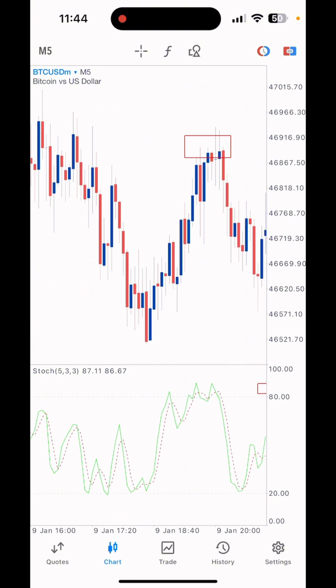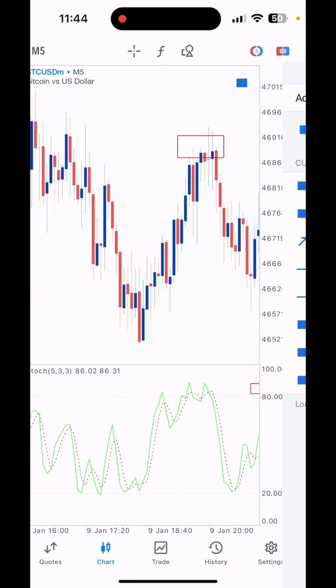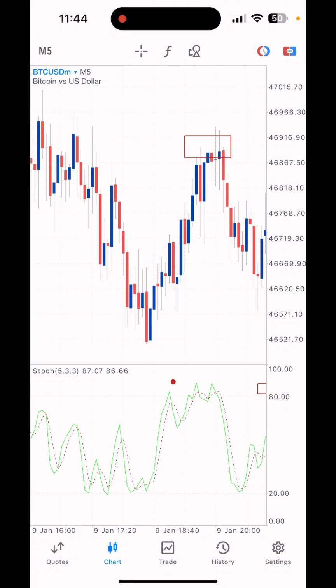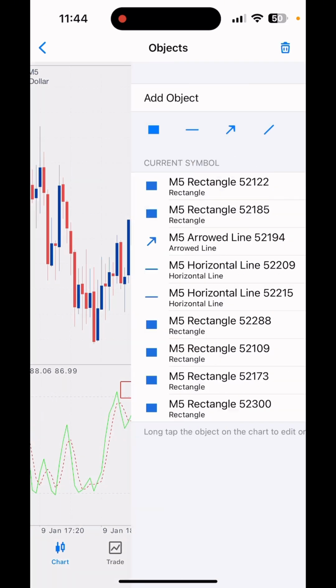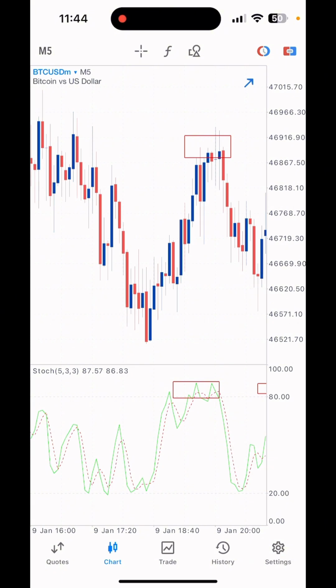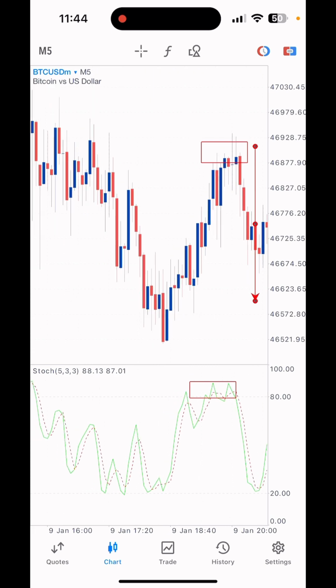It sold to this point. But let's put our box just to look at what we are talking about. So when price touched 80, if you notice, it actually still sold. So this is the third back testing, meaning it's actually working.